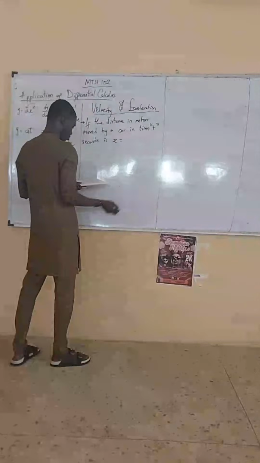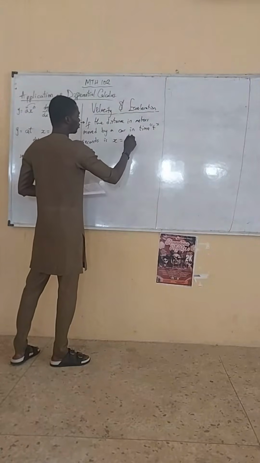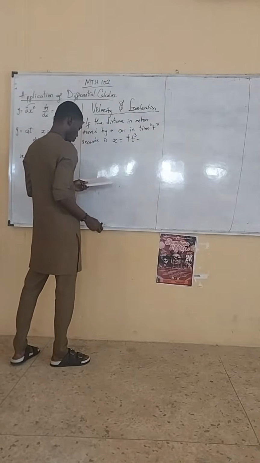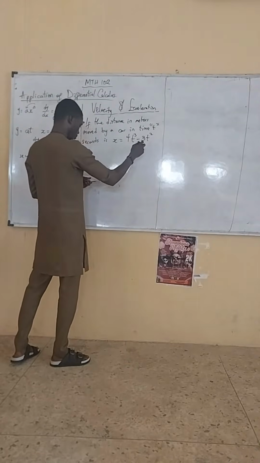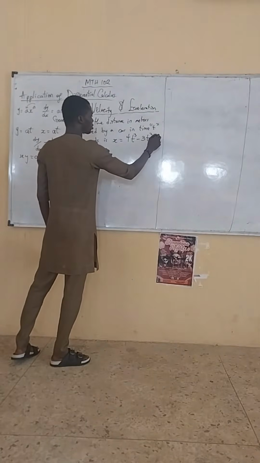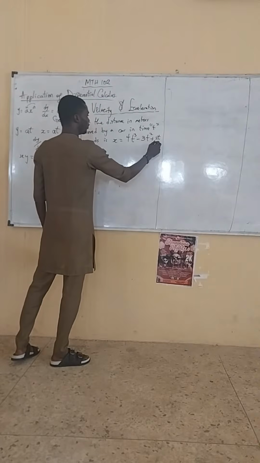Okay. x equals 4t cubed minus 3t squared plus 2t minus 5.